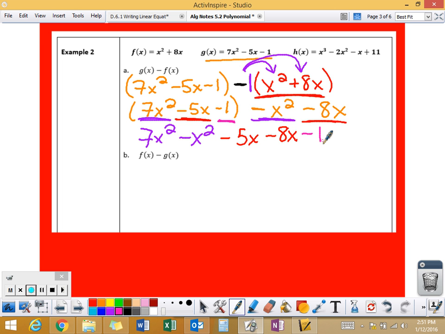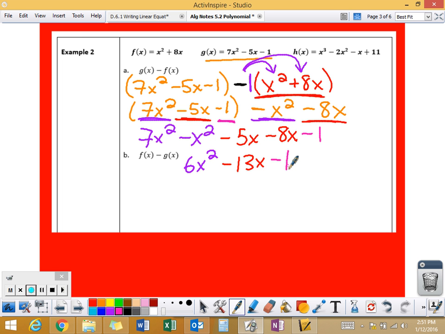Okay? So let's combine these things. If I have 7x squareds and I take away 1, I would have 6x squared. If I have -5x and I take away 8 more, I have -13x's. And lastly, I'm just left with that -1.